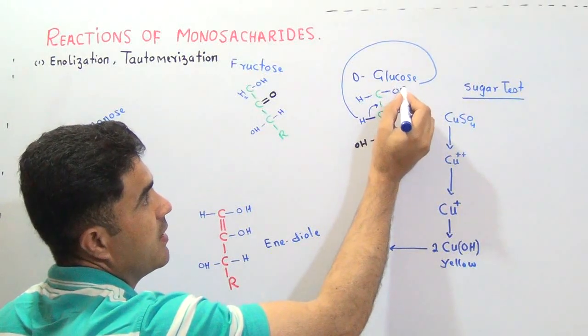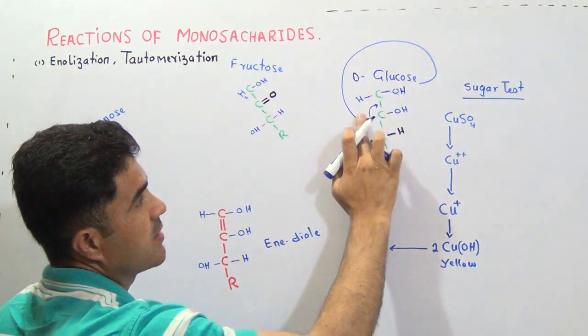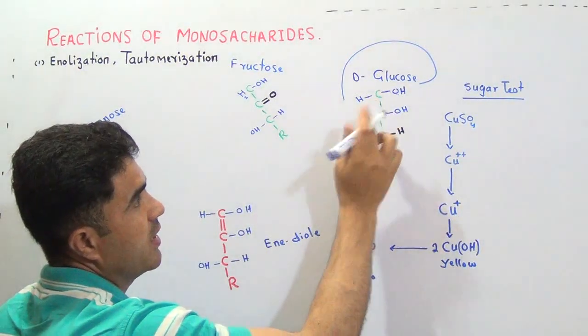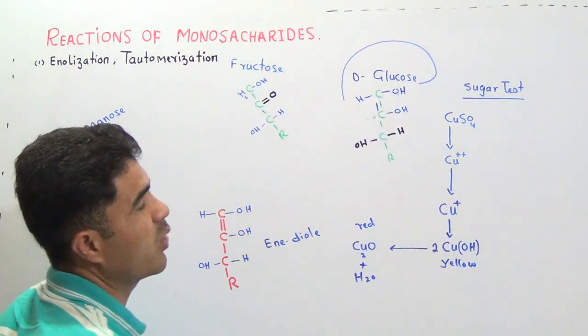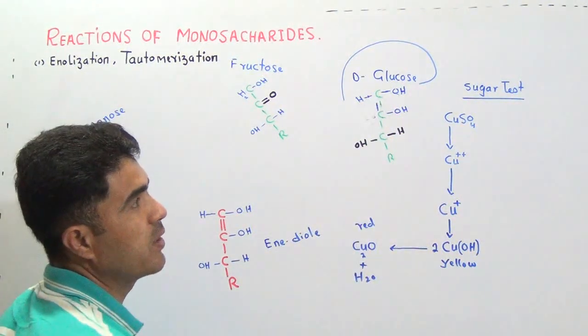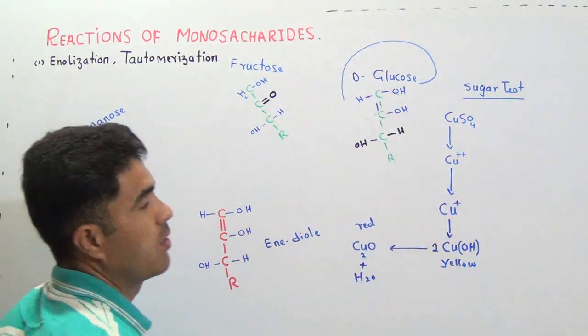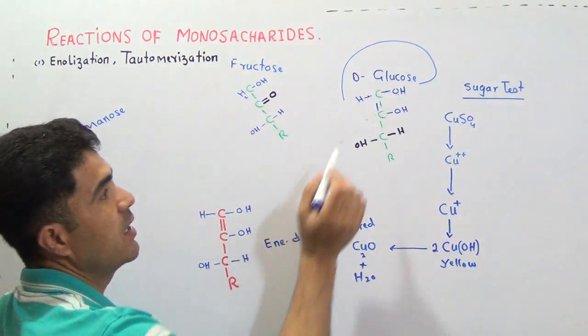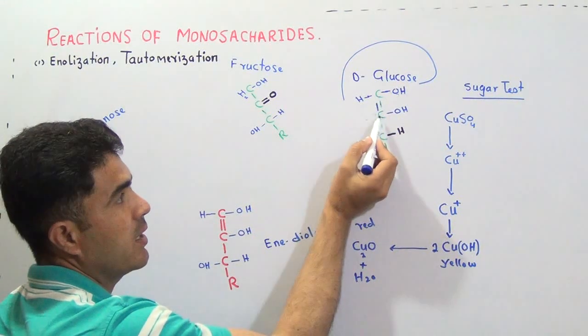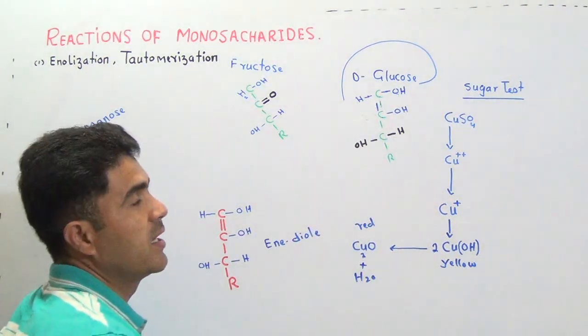This hydrogen moved, and this bond will shift here. Now everything is okay. Now this carbon has 1, 2, 3, 4 bonds, and this carbon has also got 4 bonds. Now you see a double bond has been created between carbon number 1 and carbon number 2.